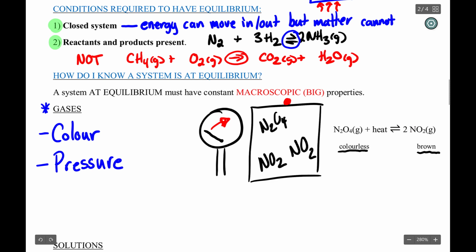Conversely, if I had a reverse rate which was faster, I would be turning two particles into one particle, less particles, less pressure, and the pressure gauge would be going down. But if I had a constant concentration here and a constant concentration here, then the number of particles would be unchanging and the pressure would be constant. So I'm looking for, so far, a color which is constant and a pressure which is constant. Okay, I could also use temperature.